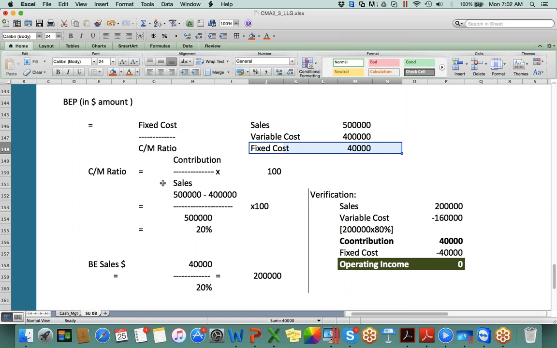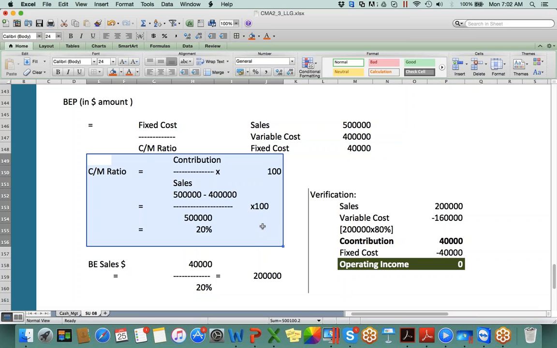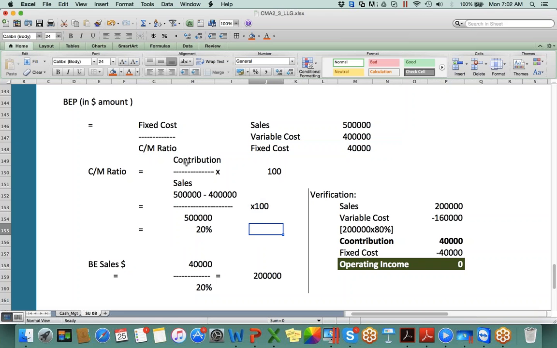In that case, the first point is to calculate the contribution margin. Contribution margin ratio equals contribution over sales times 100. Contribution equals sales minus variable cost, S minus V. Once you calculate contribution, divide it by sales, so contribution divided by sales will give you the contribution margin ratio.